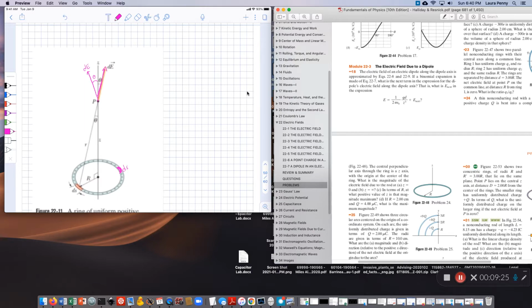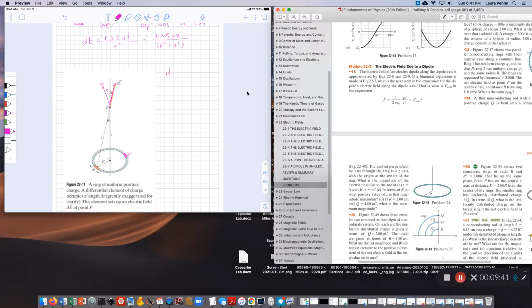In fact, everywhere along this circle, the part of the electric field that's perpendicular to the z-axis is going to cancel. And so it's only the dEz's that remain. It's the only component that remains.